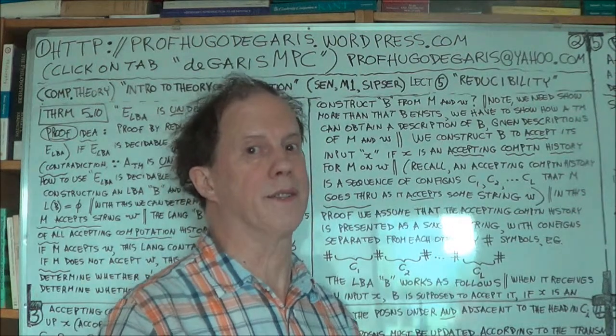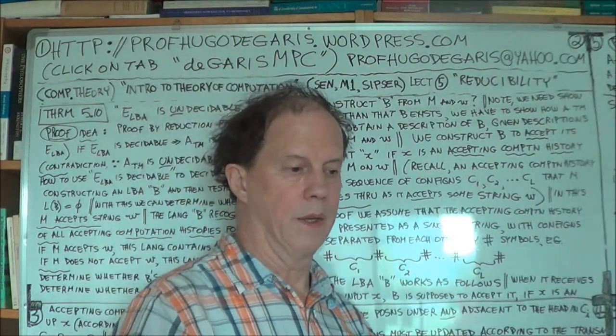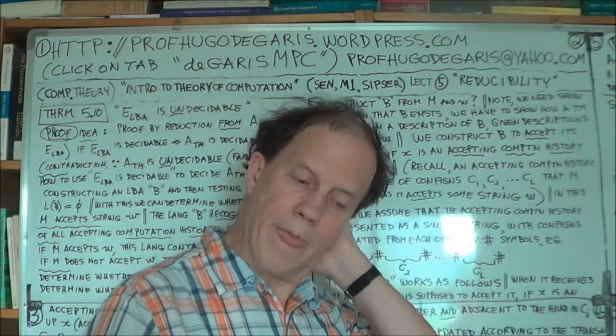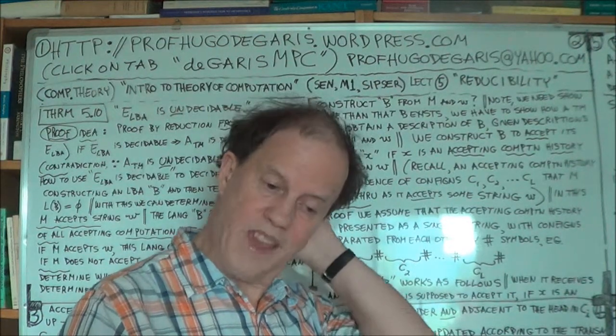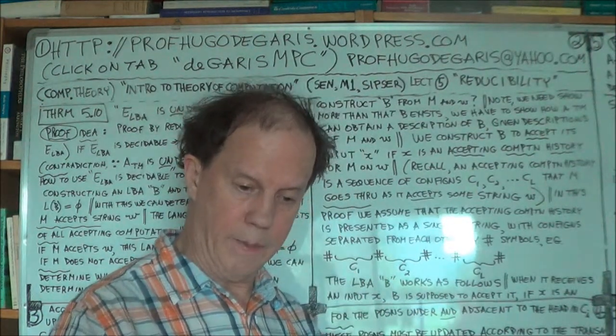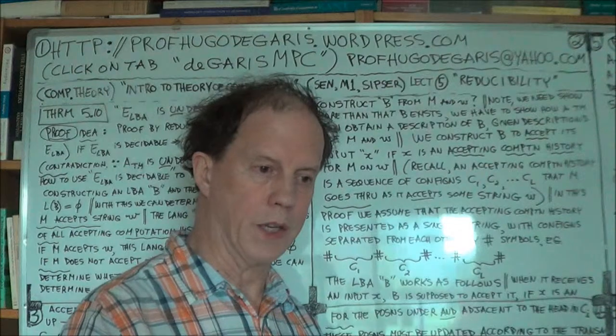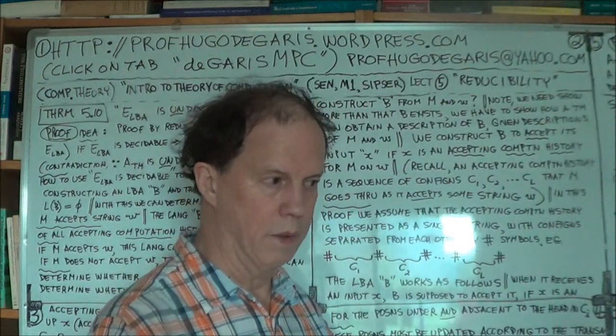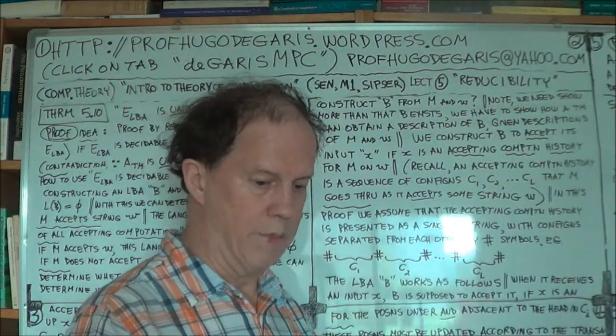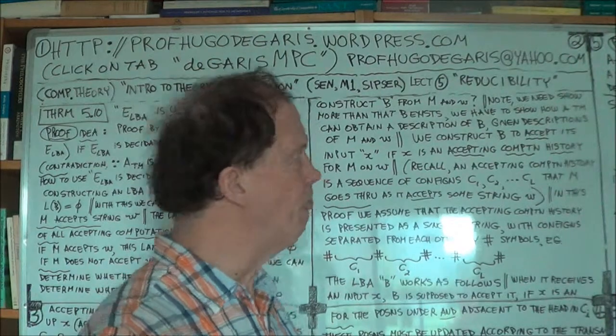Right? It accepts that string if the language of B is empty, and rejects otherwise. Okay, it's that Turing machine B decides. Okay.